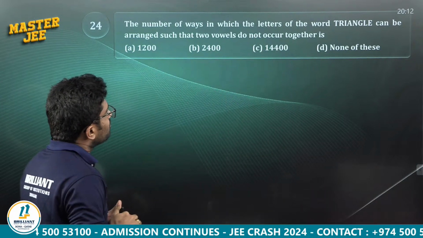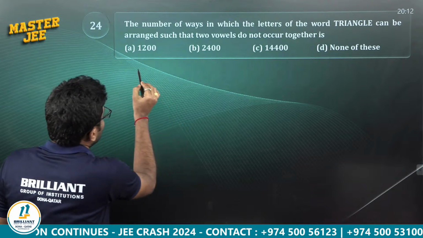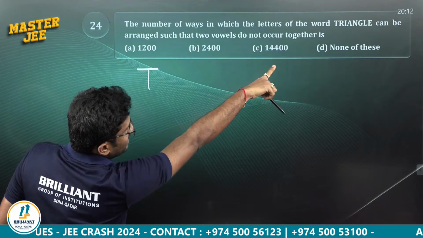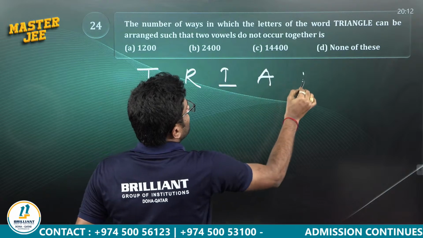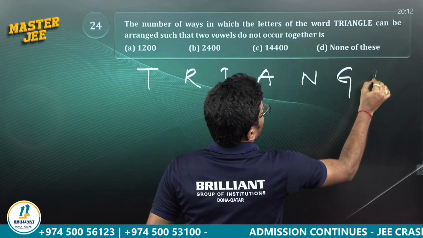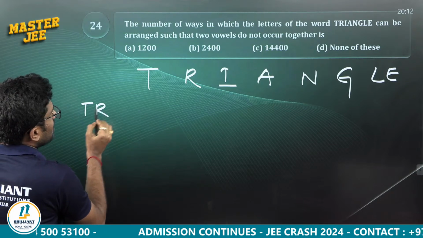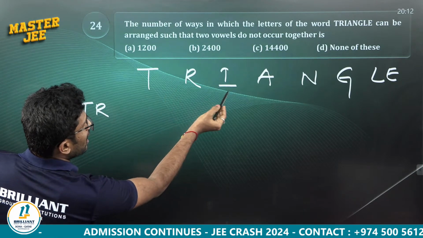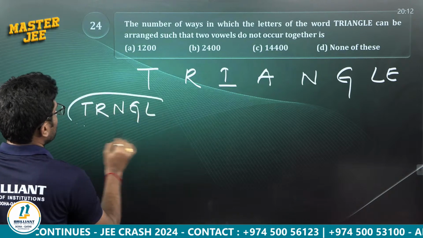2 vowels do not occur together means, first let's write the letters of the word triangle. T-R-I-A-N-G-L-E. Of this triangle, what are the consonants? T-R-N-G-L.